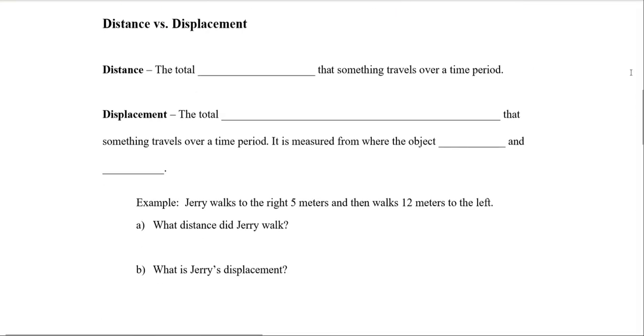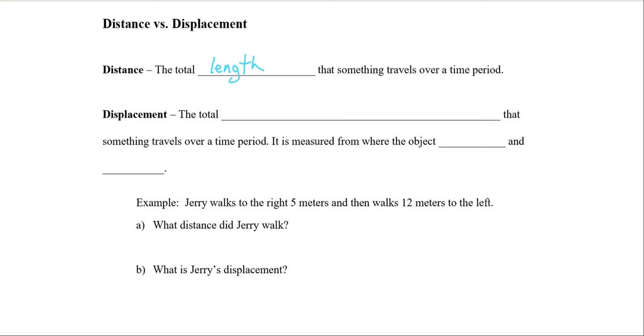Let's talk about our first two key terms in motion. First one is distance. Distance is just the total length that something is going to travel over some time period. How far did that go? That's a distance question. Displacement has a bit more of a particular definition.